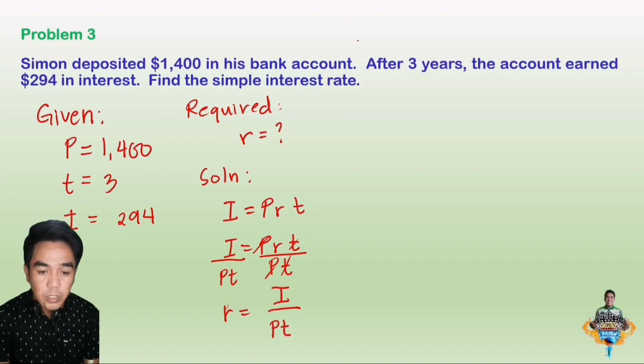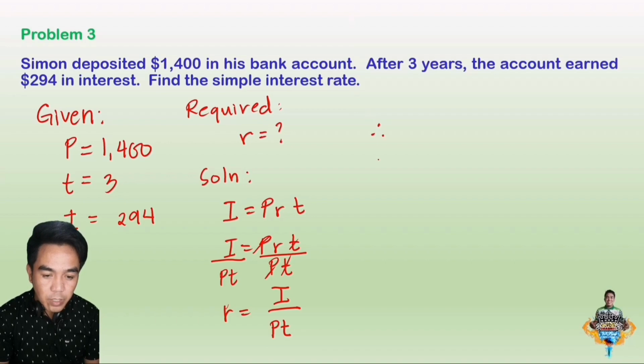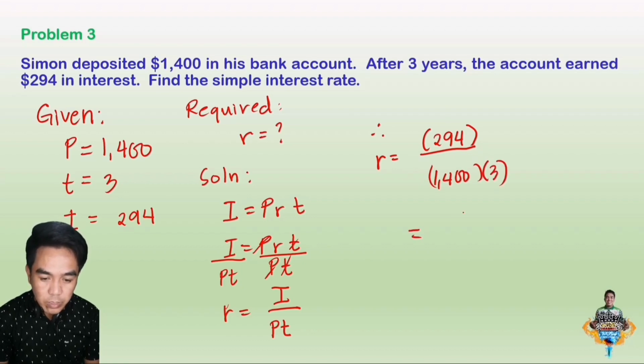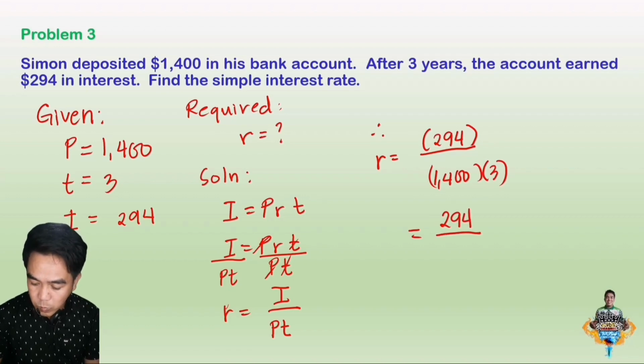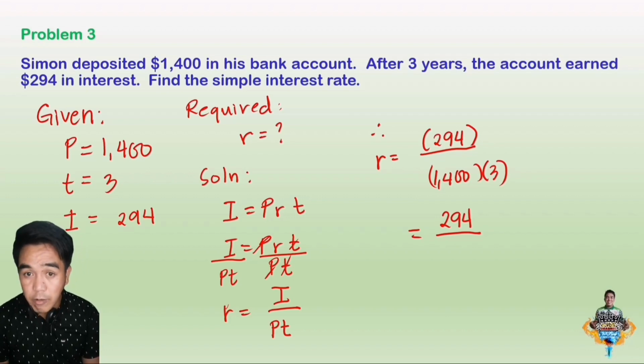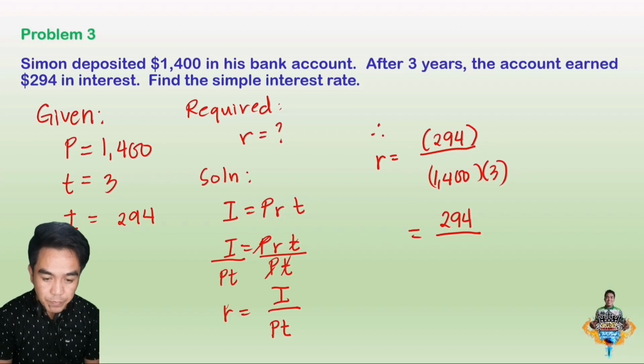So, therefore, R is equal to the interest, which is 294, by substitution, over 1,400 times the time, which is 3. Okay, so this is 294 over 1,400 times 3, that is 4,200.